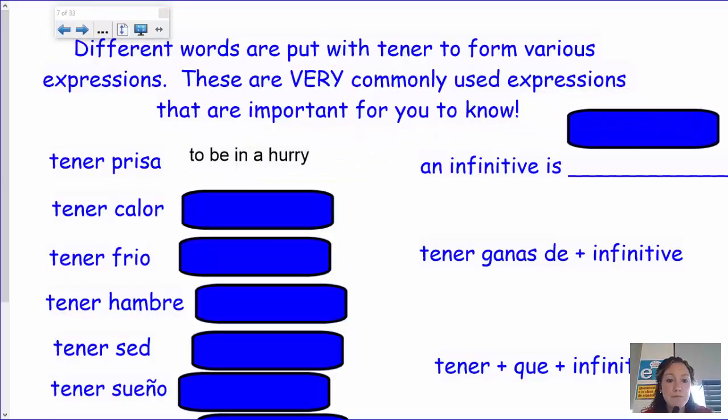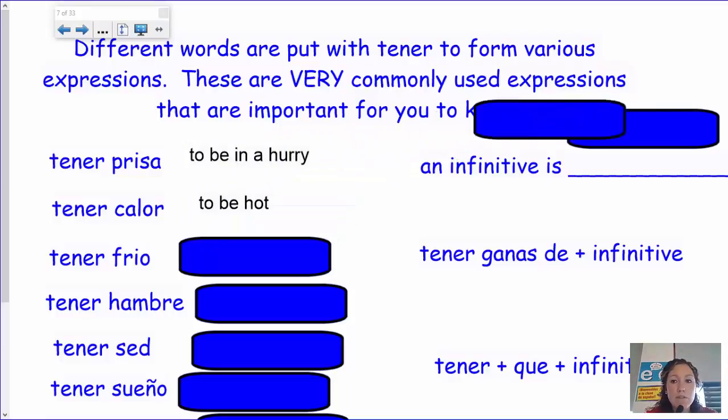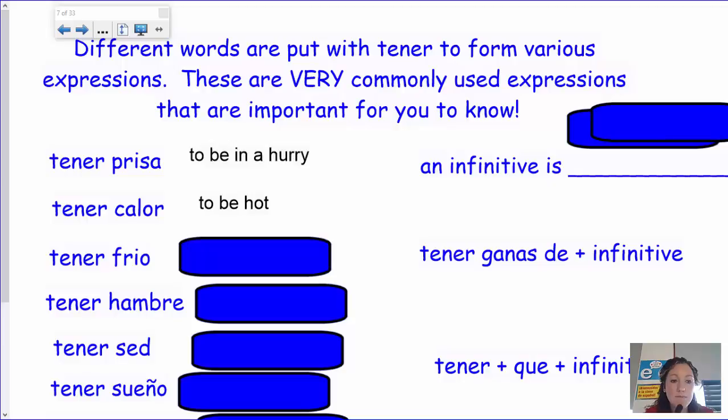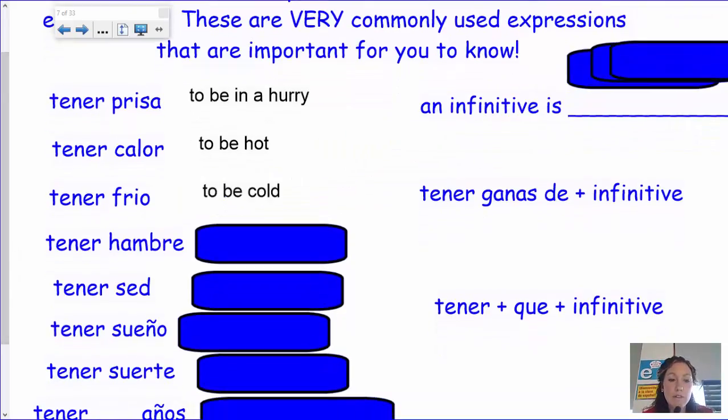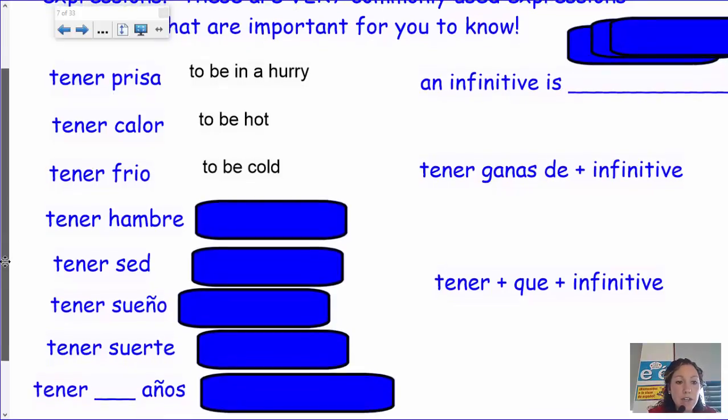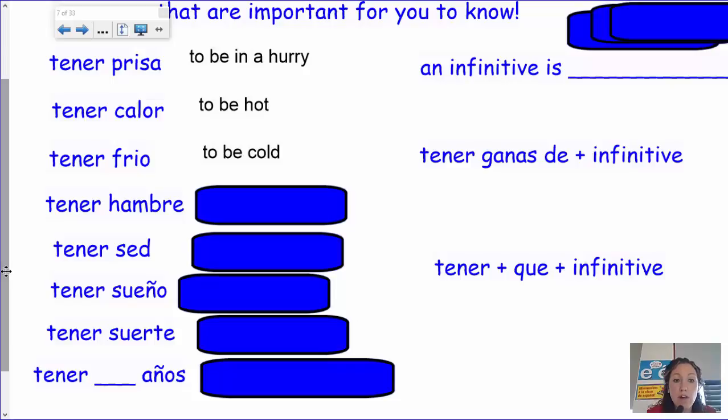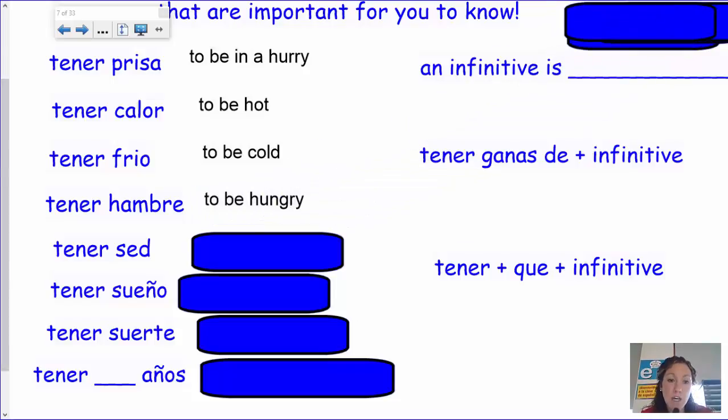Okay, so tener prisa, to be in a hurry. Tener calor, maybe you know some of these from middle school, to be hot. Tener frío, to be cold. Tener hambre, which literally from Spanish to English means to have hunger, but we say to be hungry.